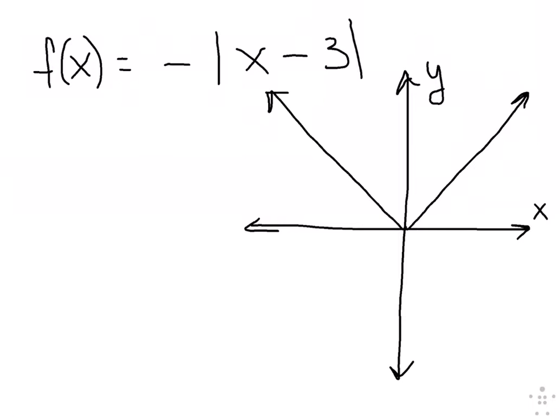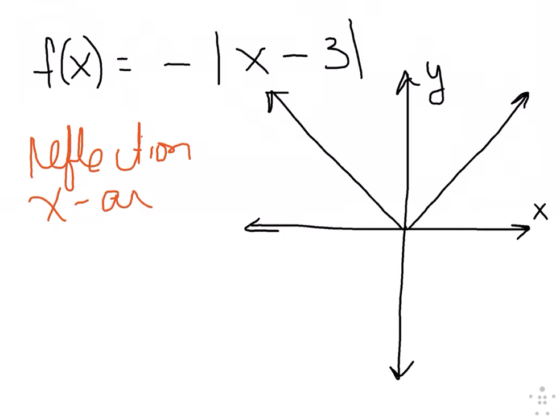Yes. That means we have a reflection over the x-axis. So we do have a reflection over the x-axis. Is there a number in front? No. 1. Besides 1.